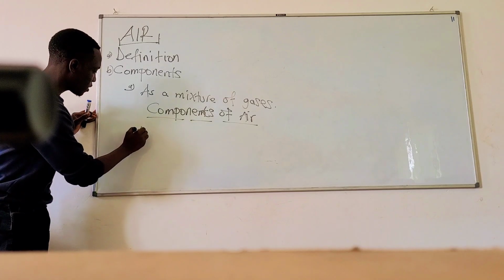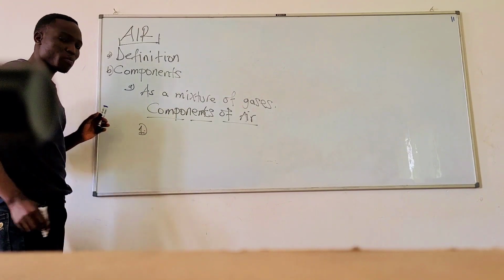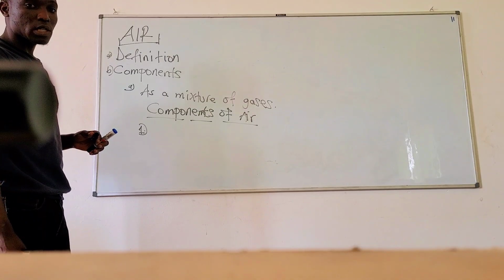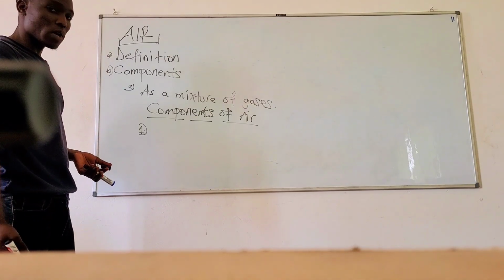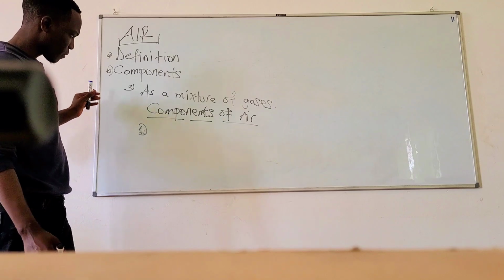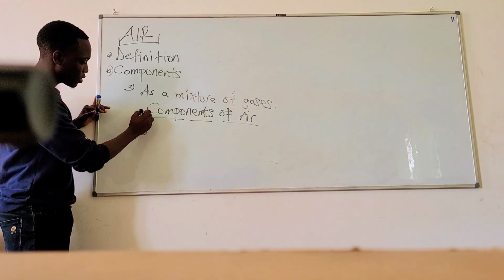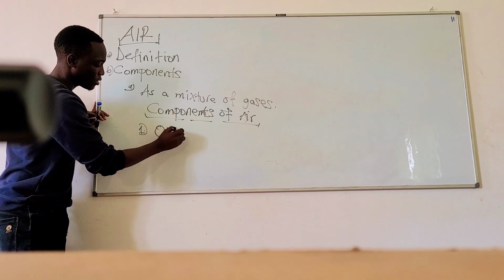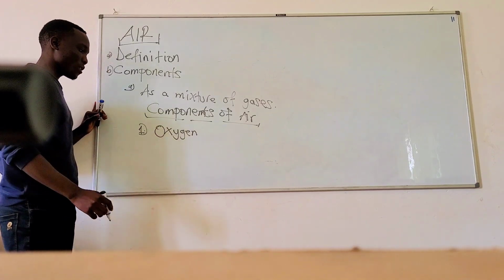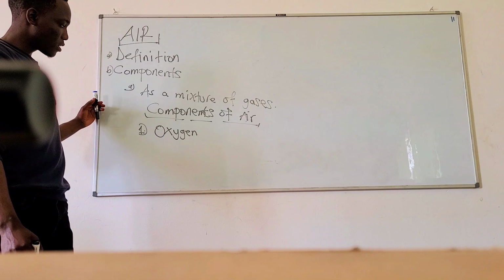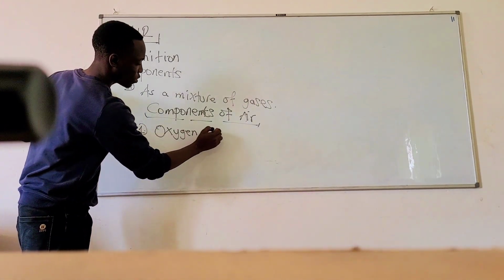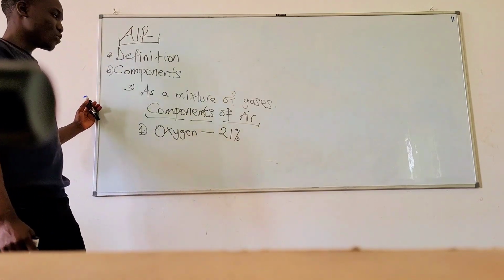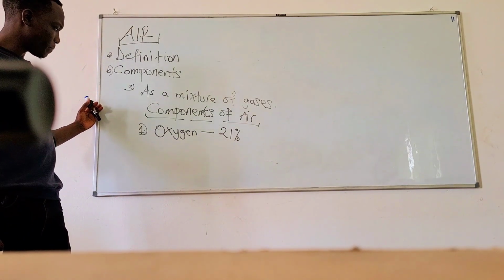The first one is the component that we normally use for breathing, during our respiration, even other animals or organisms that use air as a respiratory substance. That component is oxygen, and oxygen normally takes a percentage of about 21% of the total air that we have.